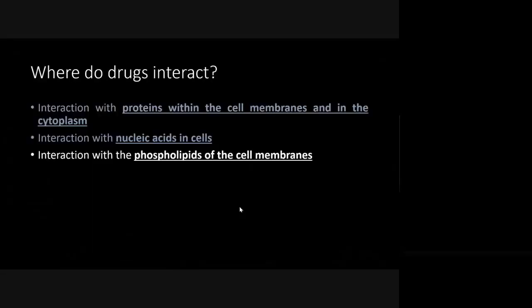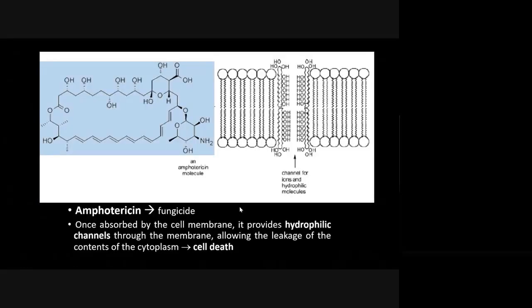And what else can the drug target? The drug can target the cell membrane itself, all right? So for example, you have this drug, a fungicide. Fungicide means it kills fungi. It's called amphotericin. You have this molecule that has both a non-polar and a polar group. The non-polar group is able to form dispersion force with the non-polar alkyl group of the phospholipid.